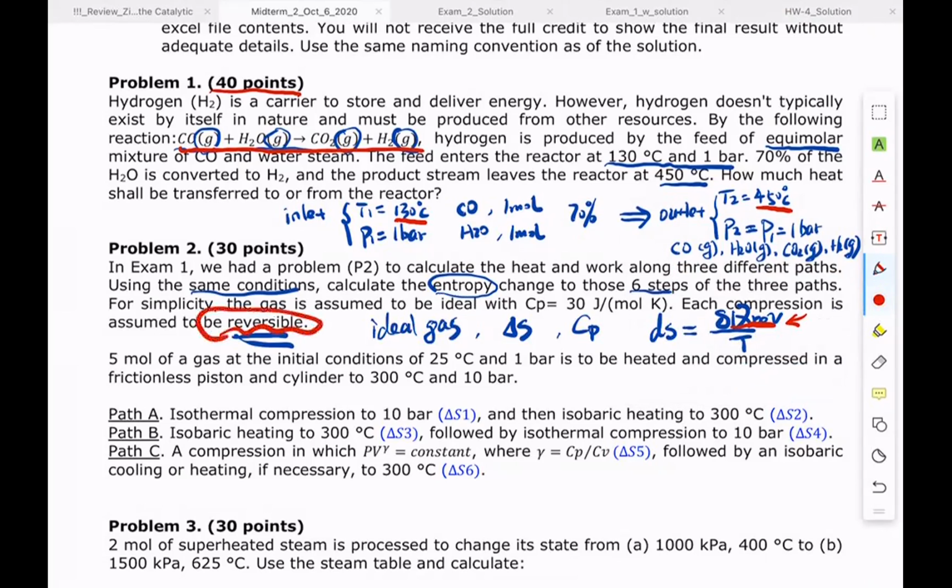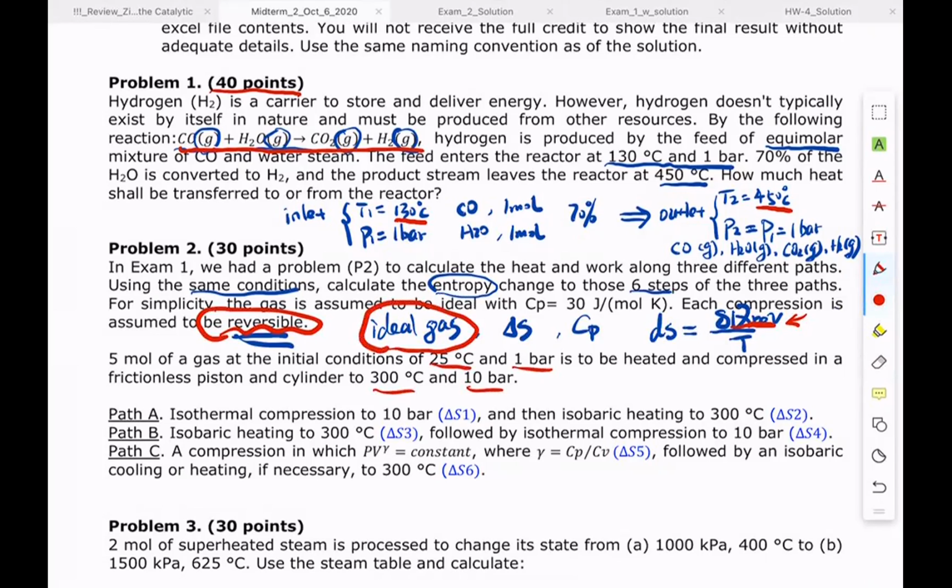So we don't need to worry too much, or we don't need to design the corresponding reversible paths for the calculation. And the remaining would be exactly the same from the previous solution 1 or the exam 1. We still have the ideal gas initial temperature and pressure, and we know this is the final temperature and pressure. This is the ideal gas.